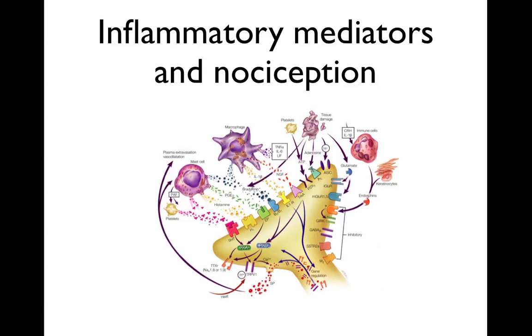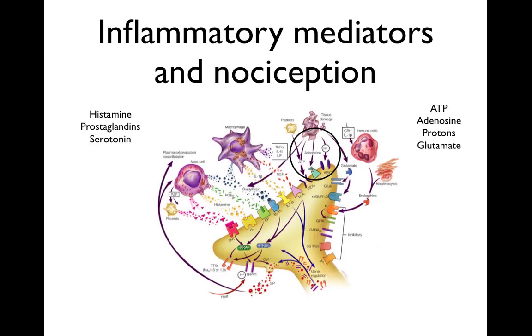Right, so going back to the peripheral afferent, we've mentioned mechanical and heat as being stimuli for nociceptors, but inflammation and inflammatory mediators, there's a huge array of these. So nociceptors respond to so many chemicals. We have histamine and prostaglandins and serotonin being released from mast cells.